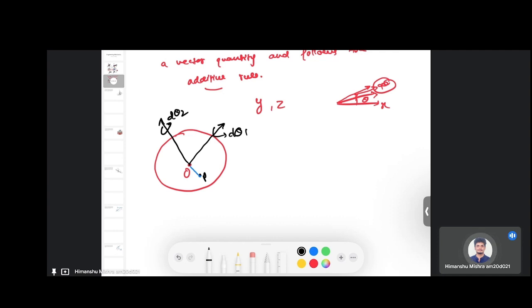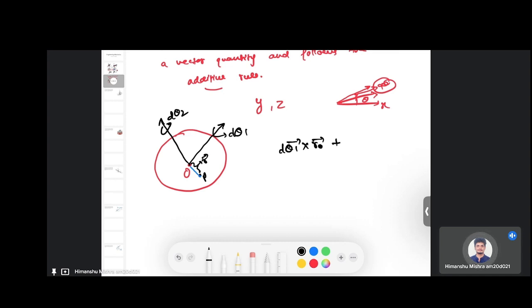If you exhibit the rotation d theta 1, the point P moves by d theta 1 cross r. Okay, this is the distance r.